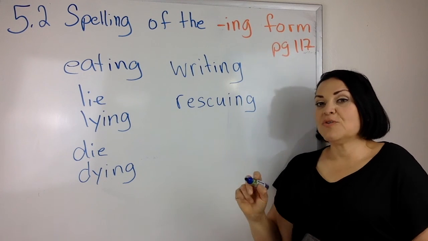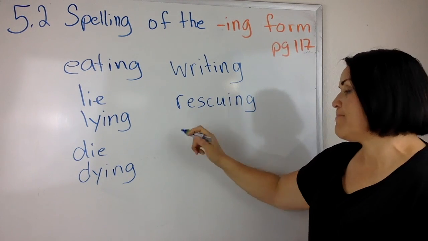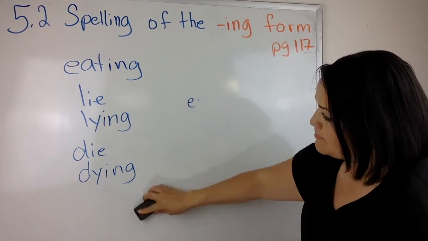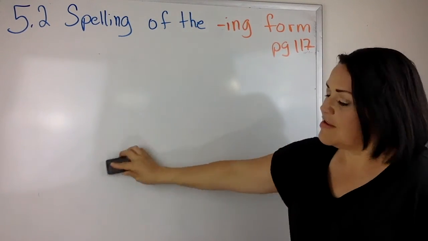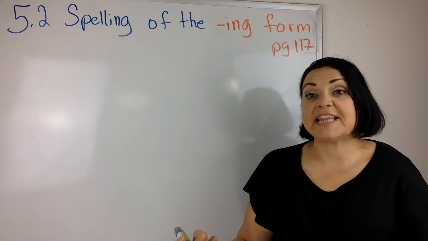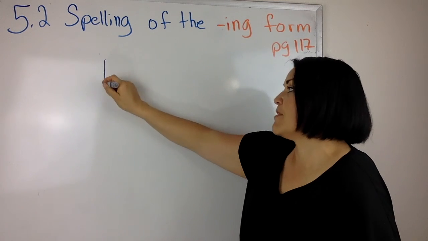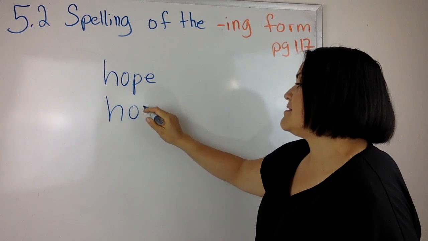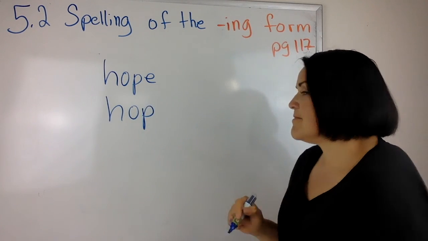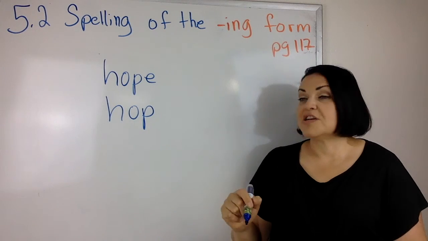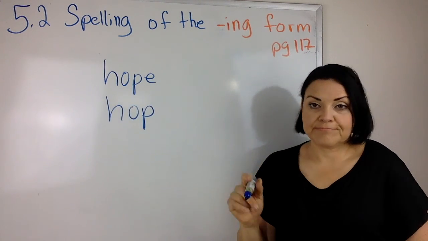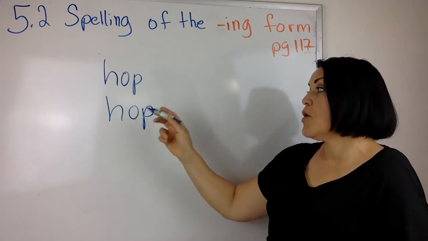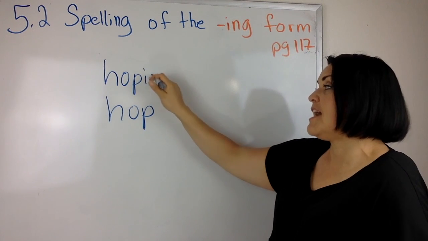Right? So let's look at two words real quick that I know people sometimes get confused. We learned that if it ends in an E, we take the E off and add ing. And if it's one syllable and it's stressed, you add two consonant sounds. So this one's hope. I hope to pass your class. Hope. We erase the E and add ing.